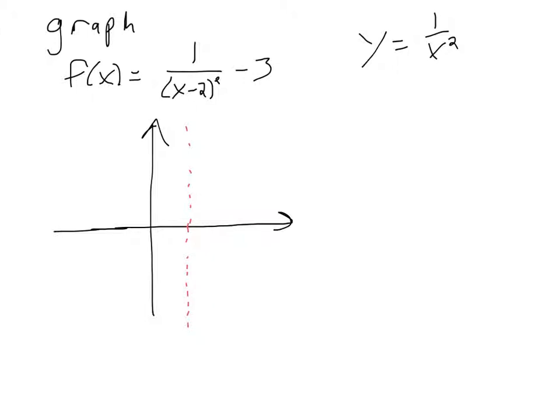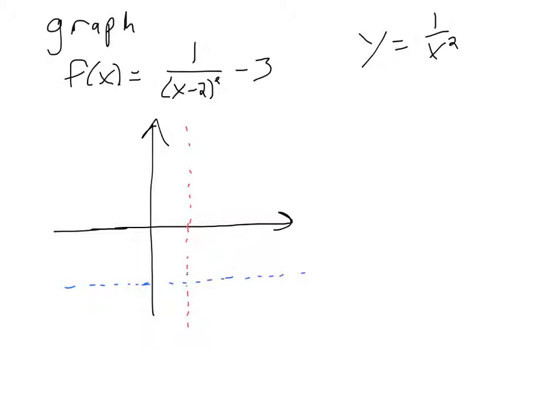And then it's going to go down by 3. Before, it approached 0 as it goes off to infinity and positive infinity, now it's going to approach negative 3. So I'm going to make a horizontal line at negative 3 here to remind myself what it's going to be approaching. And so the new function will look something like that.